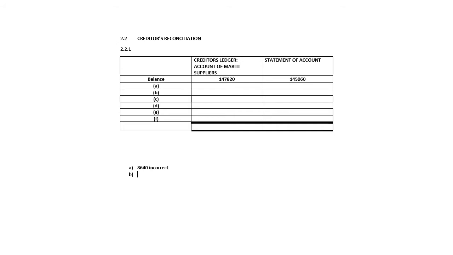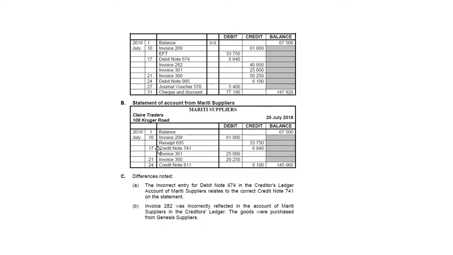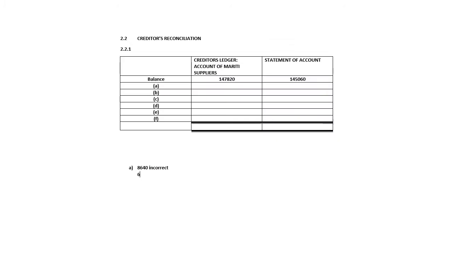They've got 6,840. 6,840, that is the correct amount. So next step, work out the difference. So it's 8,640 minus 6,840 gives me 1,800.